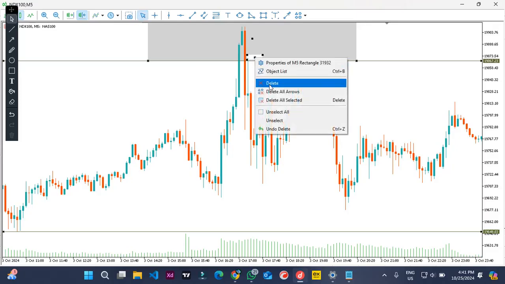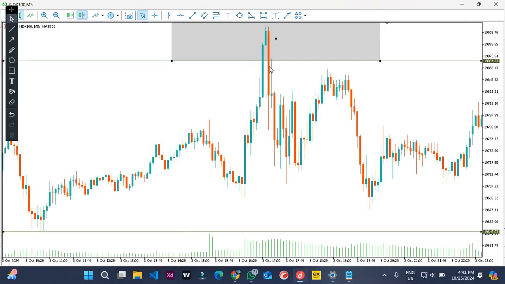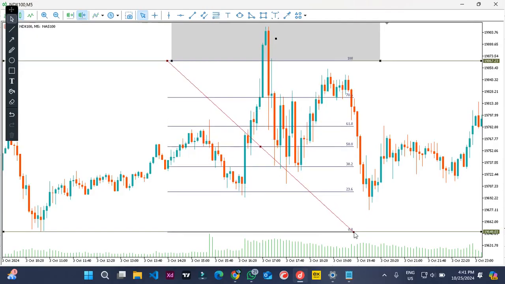And what is the 50% of the range? This is the 50%, and then this is the opposite end of the range. There is always an order block over there, so I suggest always mark an order block inside the range, up and down, so you can use them as your target.